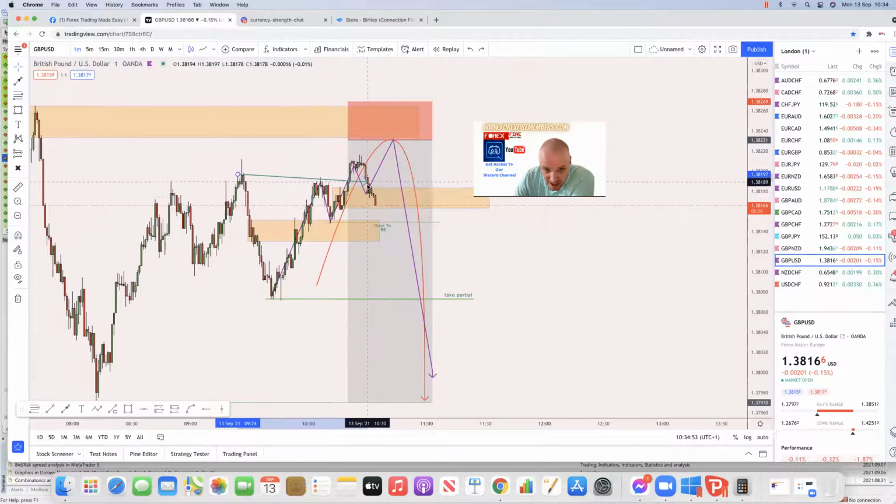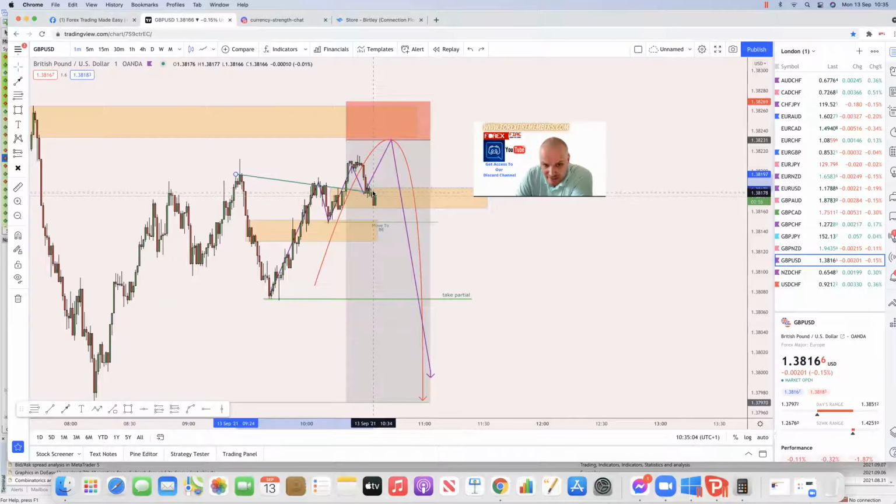However, price is now driving past and creating what we call a lower low, sorry. This will be determined as a lower low because it's coming down as a push, okay?